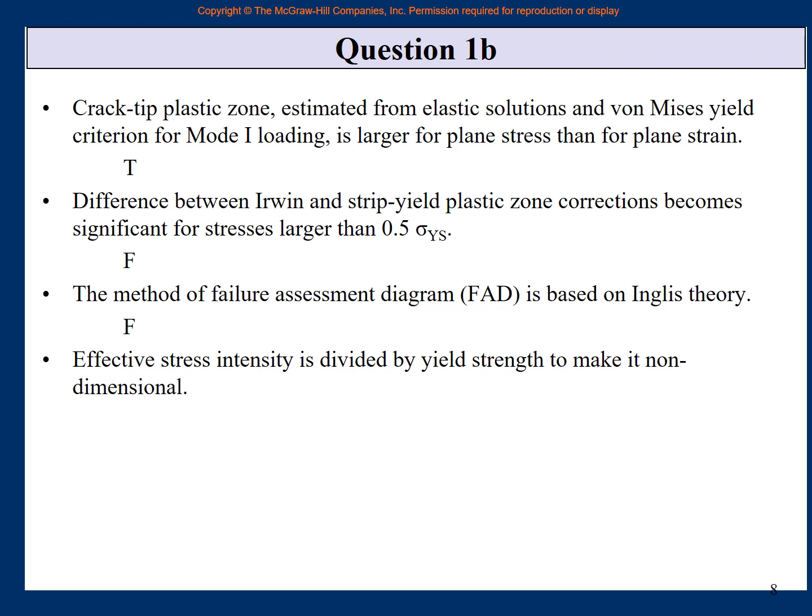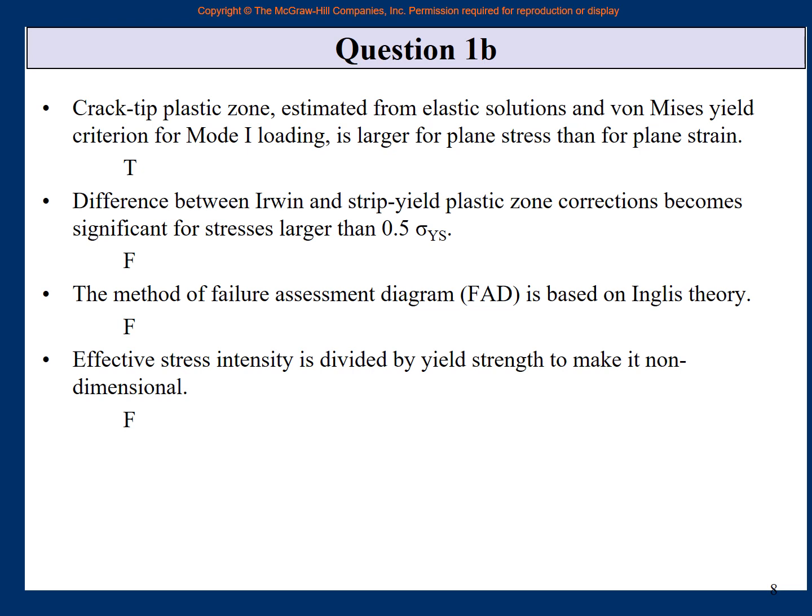Effective stress intensity is divided by yield strength to make it non-dimensional. Yes or no? False, right? Because stress intensity has other units. K has megapascal root meter and yield strength is only megapascal. So if you divide them, then it will not become non-dimensional.